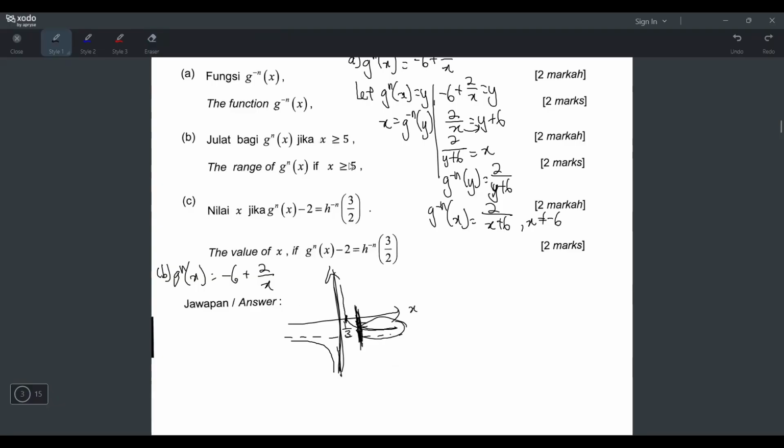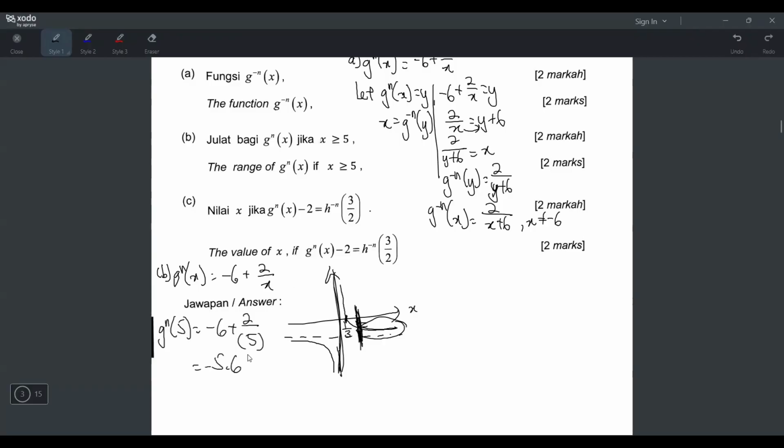Okay, we can try to sub x equals 5 inside here and see what happens. So let's try to find g(5). You get -6 plus 2 over x, and then for x you sub 5. When you sub 5, you can press the calculator and see what it gives you. Let's write in decimal. So -5.6.